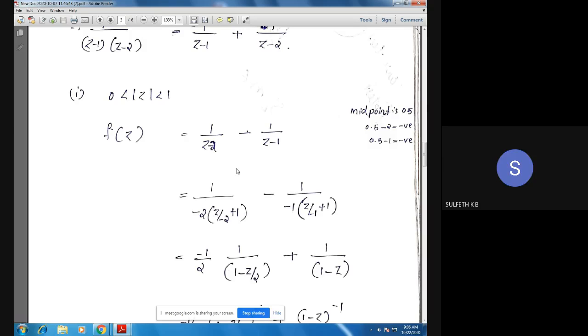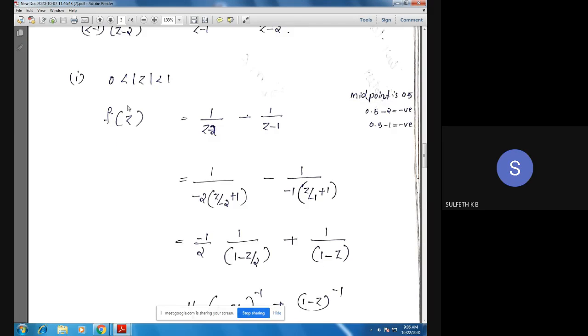Then here we focus on the region 0 less than modulus of z less than 1. The midpoint of 0 and 1 is 0.5, right?